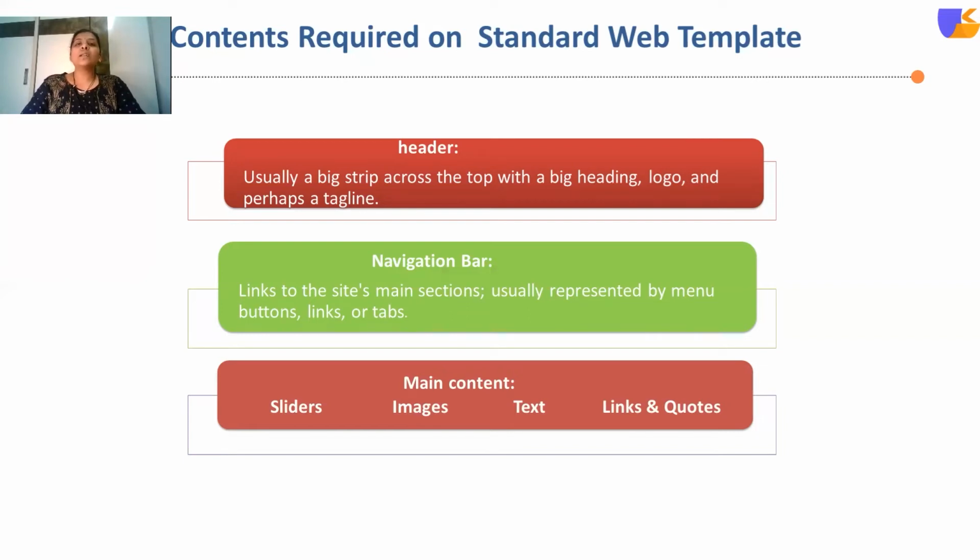The contents which you want to display on your website will all be considered the main contents of your website. So this is the way of deciding a standard web template, or these are the things which will be available on any template.